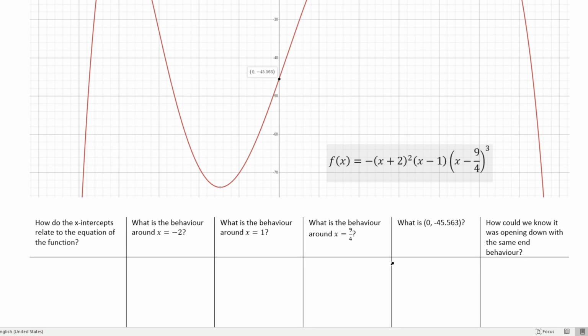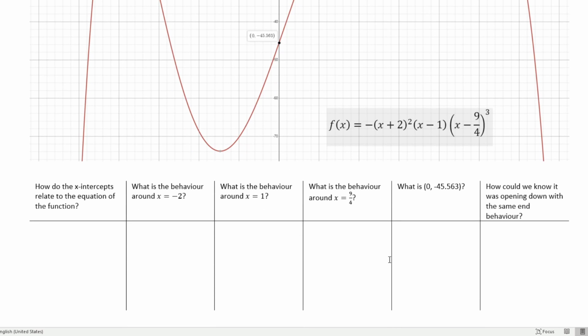So how do the x-intercepts relate to the equation of the function? The x-intercepts are the values of x that cause each factor to be 0.